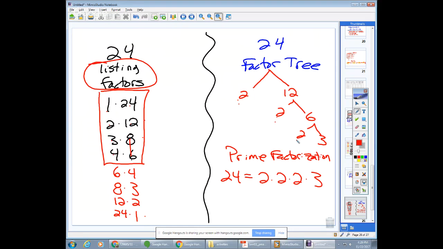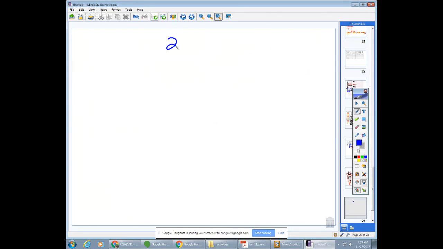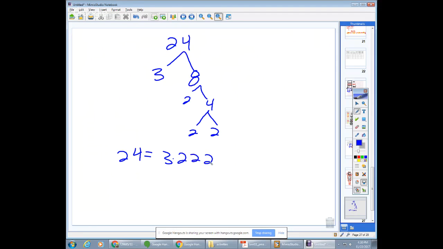Now somebody else might do the factor tree differently. Somebody else might say, well, I remember 24 as being 3 times 8. And then look at 3, and no, there's not much I can do with 3, but 8 I know is 2 times 4, and 4 is 2 times 2. And so somebody might argue with you, no, the prime factorization of 24 is 3 times 2 times 2 times 2.